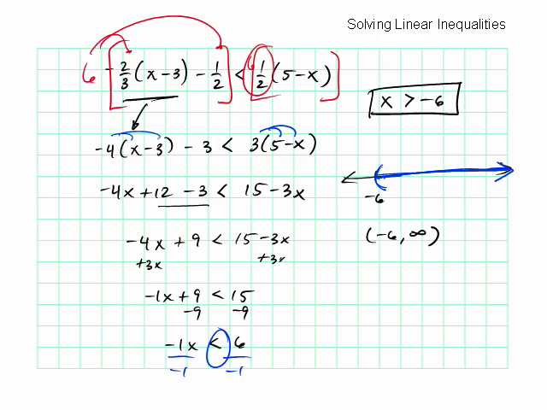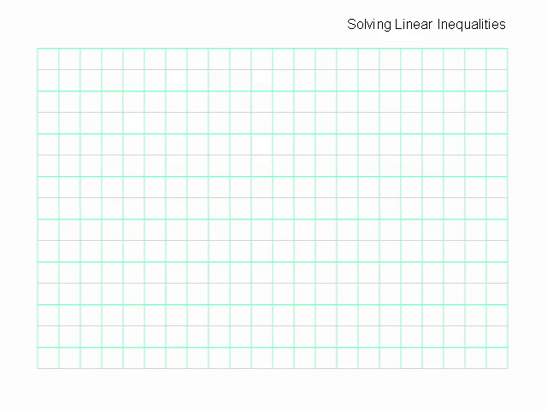Now let's look at what's called a double inequality. x plus 2 is between 3 and 8. The goal for these double inequalities is to have x by itself in the center.